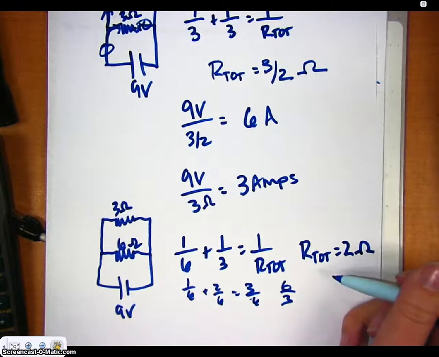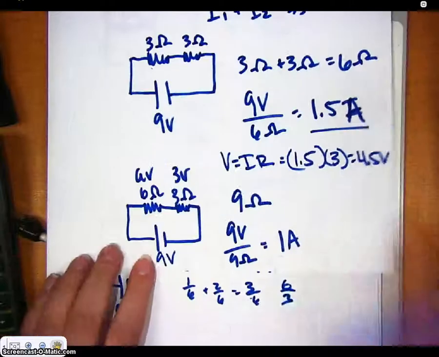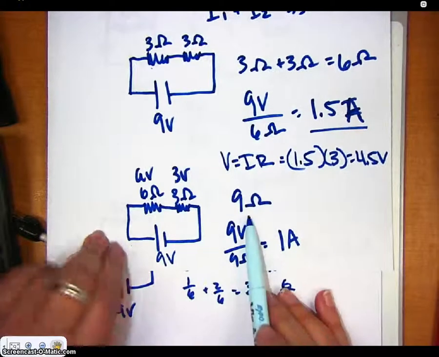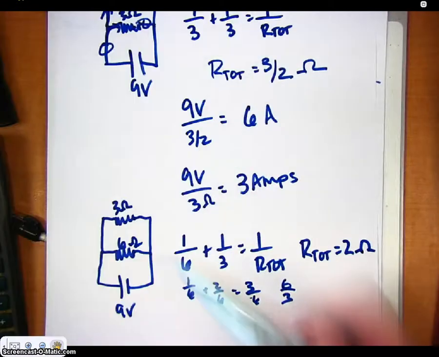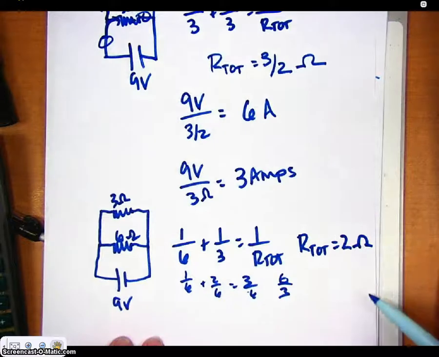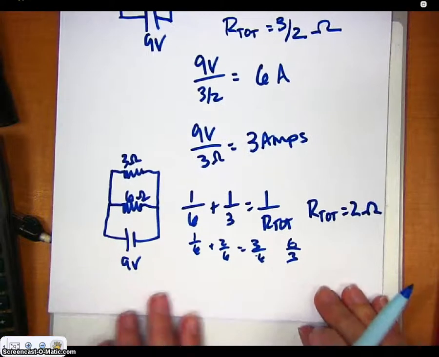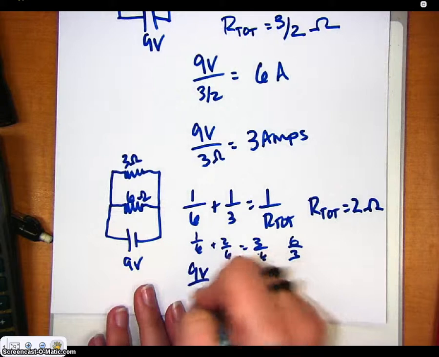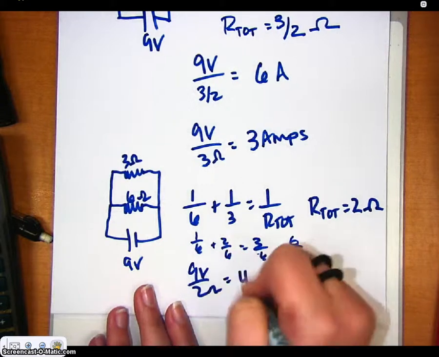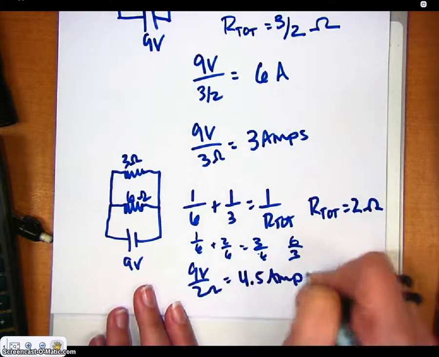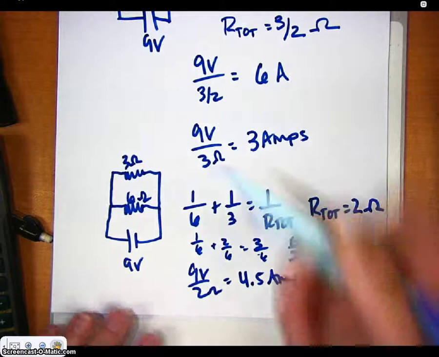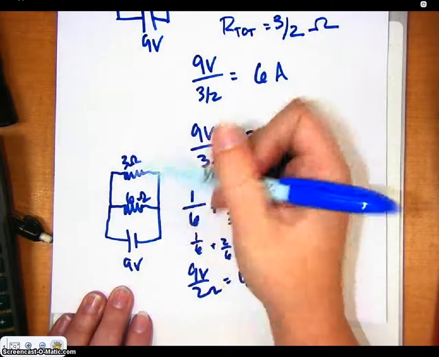So if we look back over here, remember that when we put them in series, it was 9 ohms. But now I put a 6 and a 3 in parallel, and I've decreased to 2 ohms. Okay? So I could get the total current then, just take 9 volts over 2 ohms, which would be 4.5 amps. Now remember that each one of these has equal access to the battery.